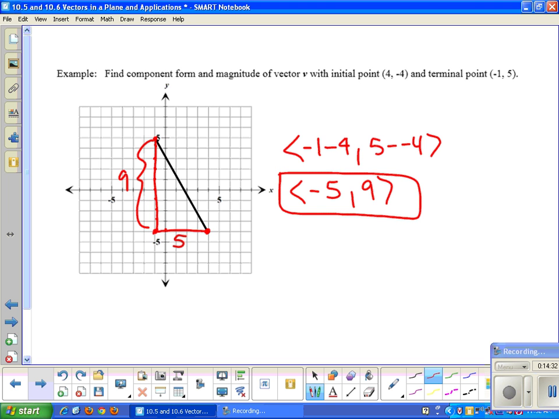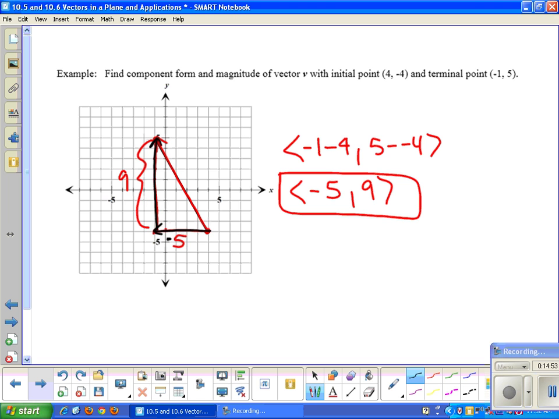So this would be the component form. So for this, because my direction is going in this direction, we know that we went this way 5, so that's why it's -5, and then we went up 9 to get to that direction. So that's why our component form would be negative 5, 9.